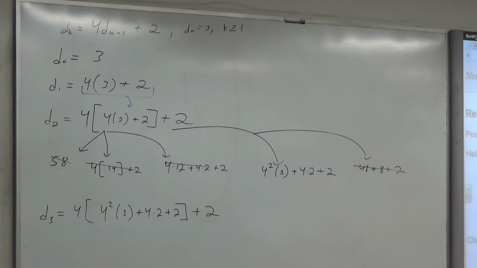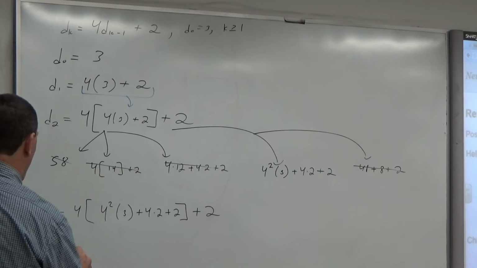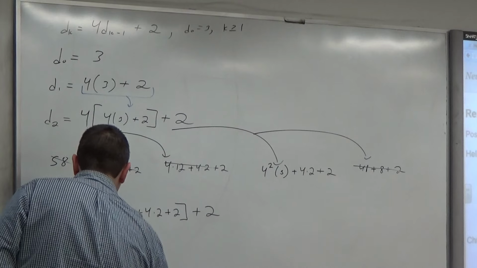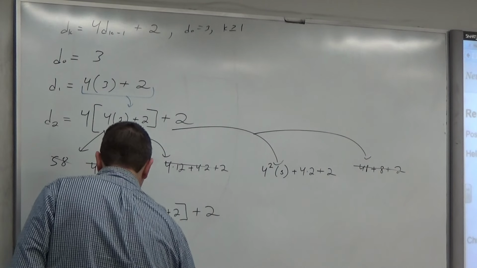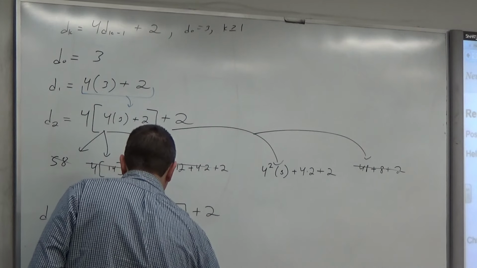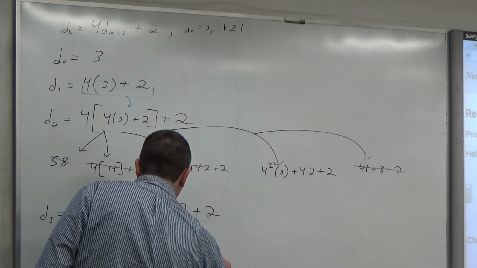And just like we did in the previous one, let's distribute the 4, but keep it in exponential form as opposed to computing. So this is going to be equal to 4 to the 3rd times 3 plus 4 squared times 2 plus 4 times 2 plus 2.